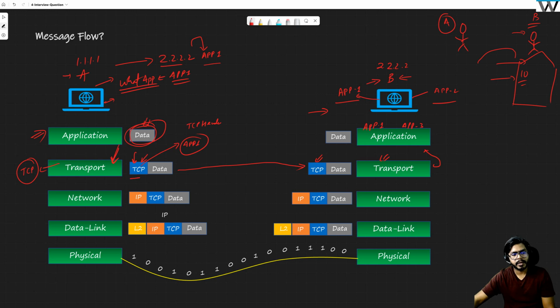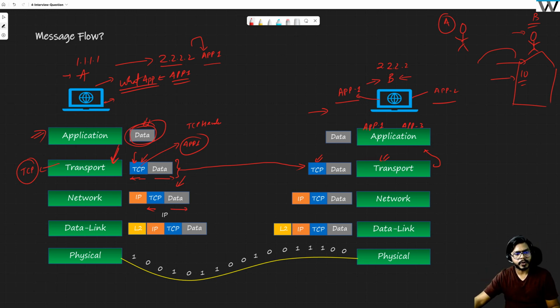Now this complete information, whatever the transport layer has prepared, it doesn't care how this data is going to be delivered to the receiver or destination. It simply passes this complete information to the network layer. The network layer sees this complete information as just a piece of data.